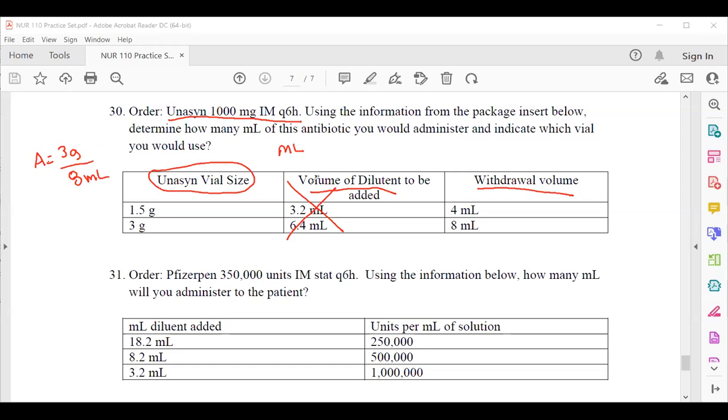If I'm doing the order over have, which I imagine many of you are doing, my order again was the 1,000 milligrams, which is the same thing as 1 gram. So my order over my available is 1 gram over 3 grams times 8 milliliters, and then we are basically just doing 8 divided by 3.